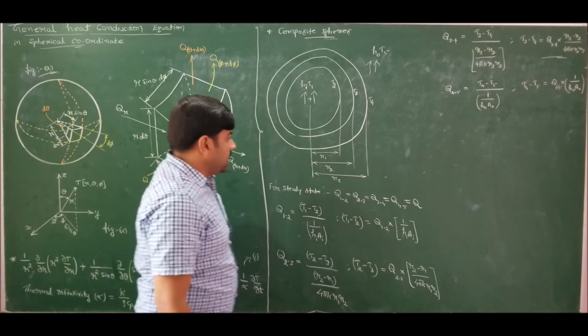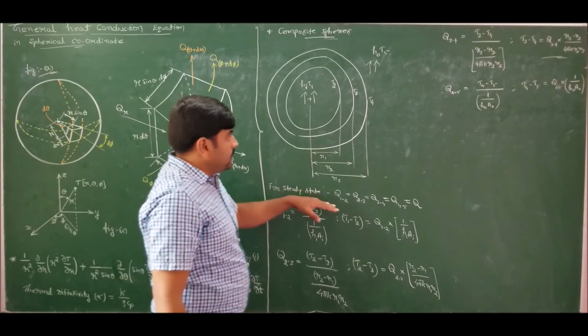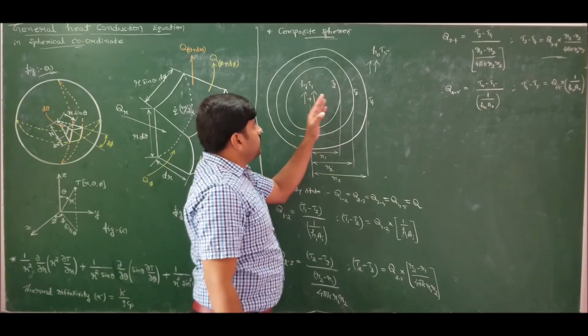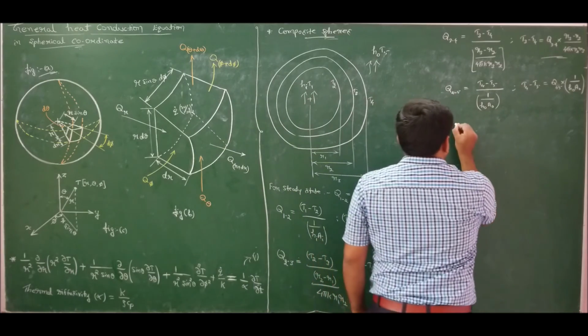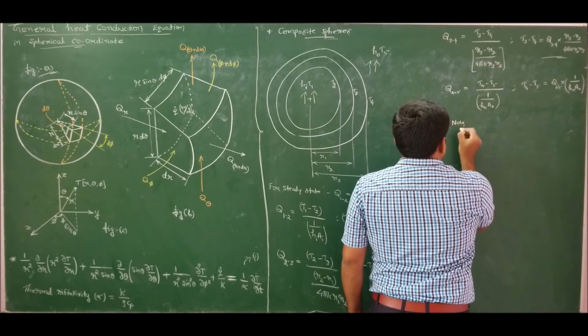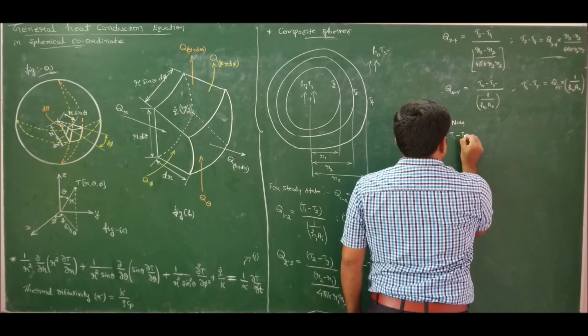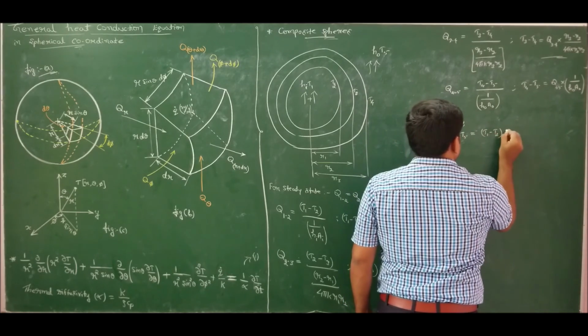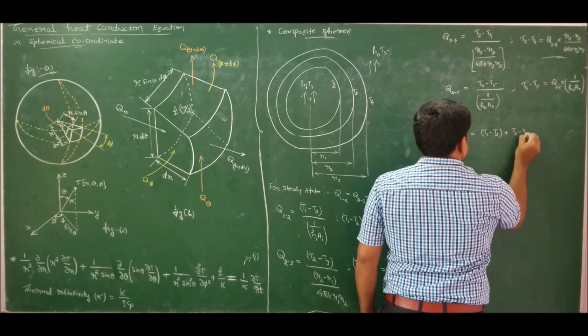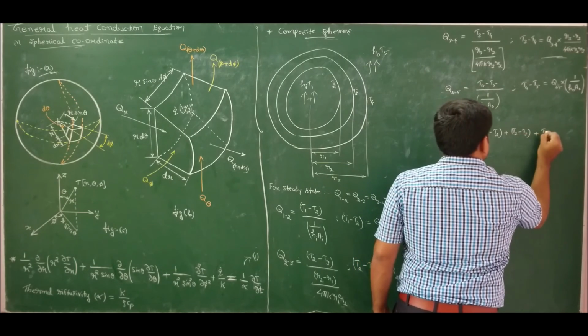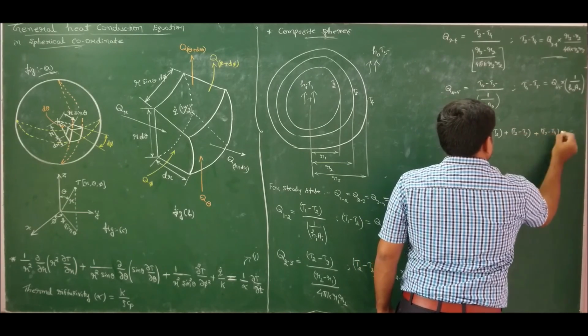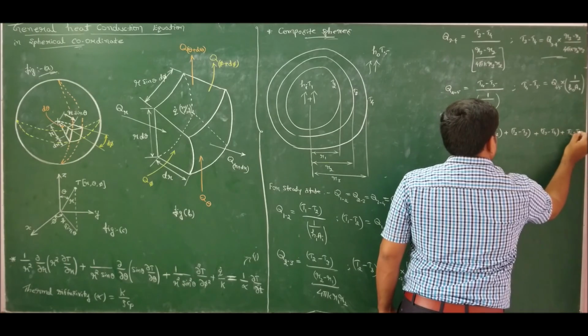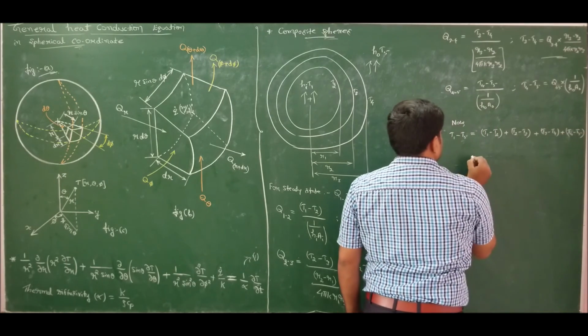Now we have calculated the temperature differences from point 1 to point 5. So we can write the temperature difference T1 minus T5 as T1 minus T2 plus T2 minus T3 plus T3 minus T4 plus T4 minus T5.